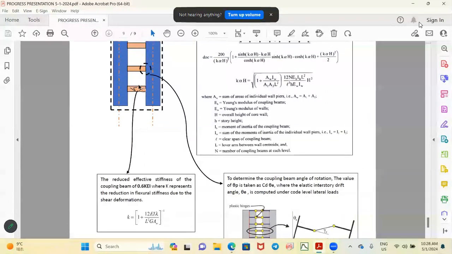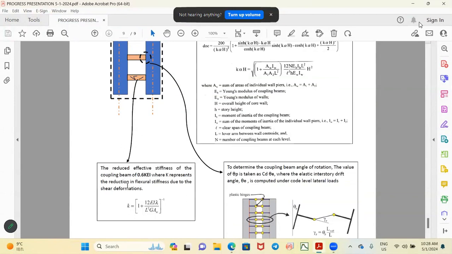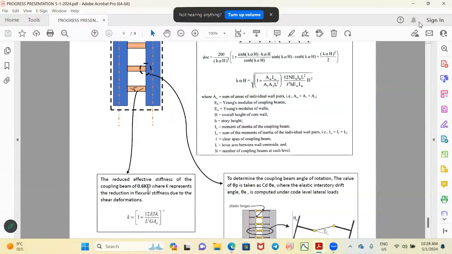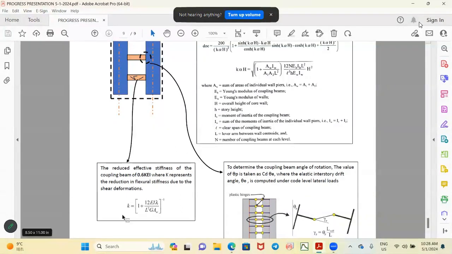After that, he proposed that during the analysis, we should reduce the effective stiffness of the coupling beam by 0.6 kEI, where K represents the reduction in flexural stiffness due to shear deformation in the beam. But I have one question related to this part.